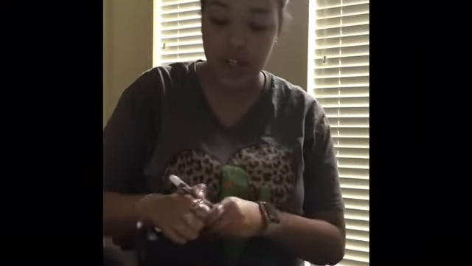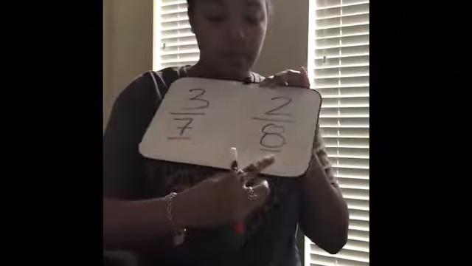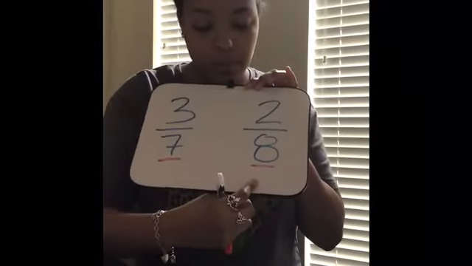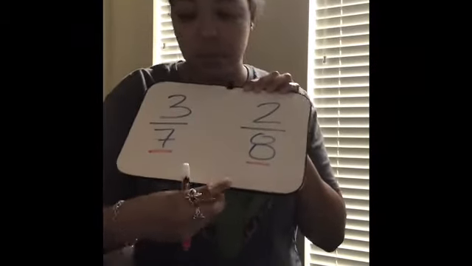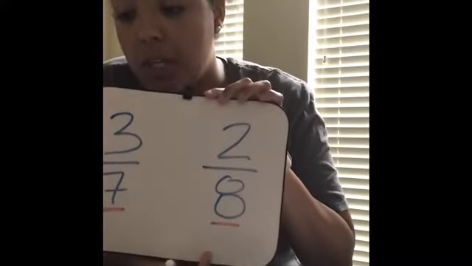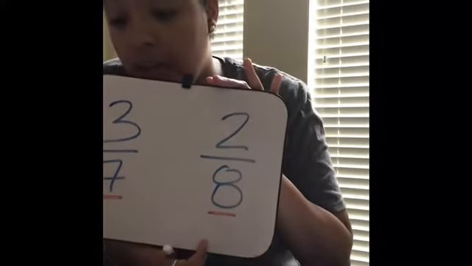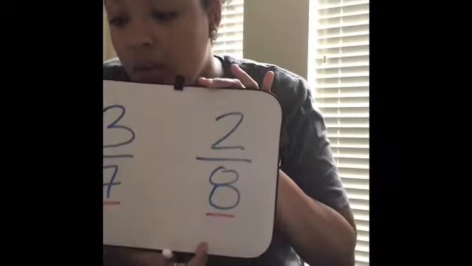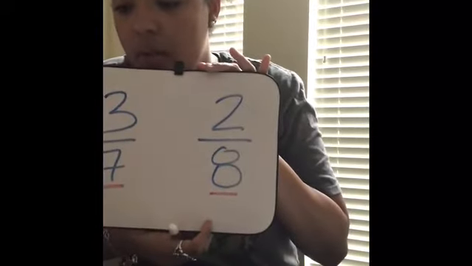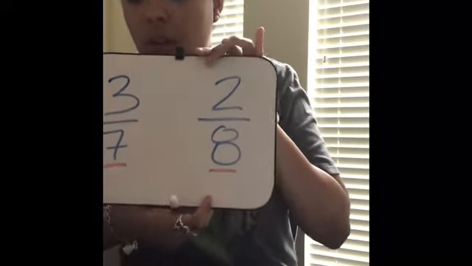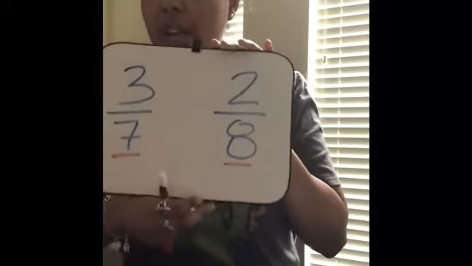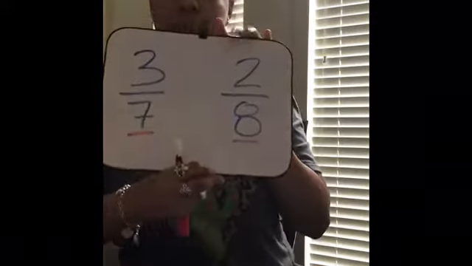So look at the denominators, which are at the bottom. Okay. You're going to multiply the other fraction by that denominator.